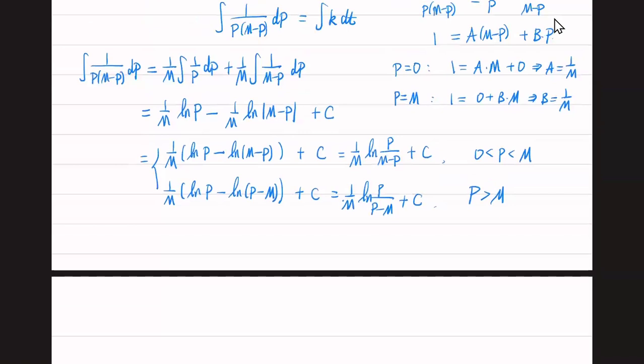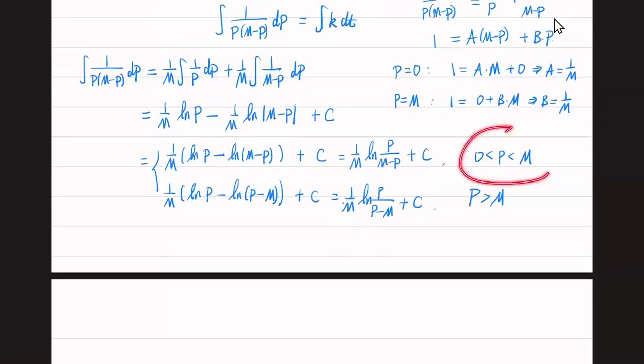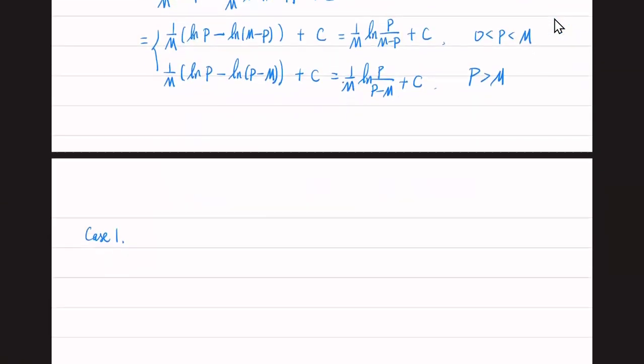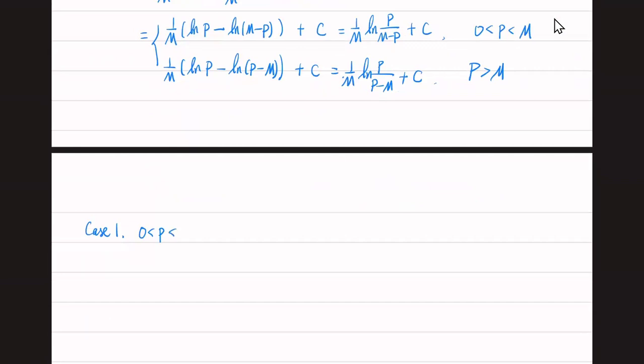So we will focus on the case when it's between 0 and m. Again, we use the same thing with the label because they're just a constant.